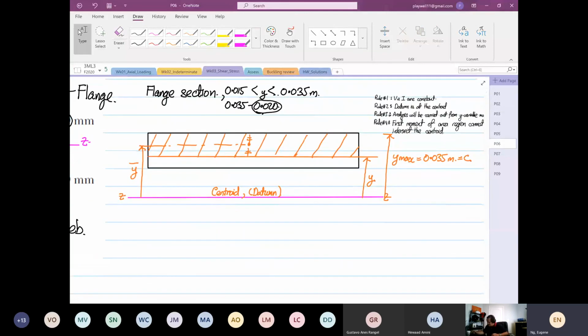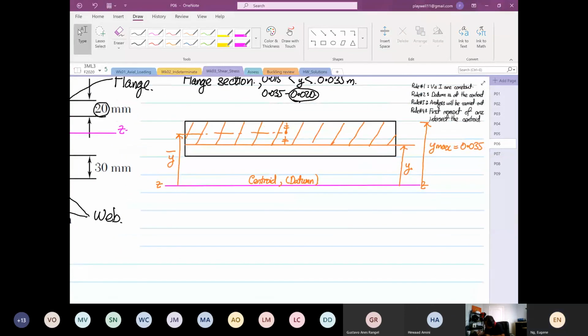So from here, we're going to calculate our QZ. Why QZ? Because our first moment of area will be taken about the z-axis, where the datum, the centroid, is. So the first moment of area about the z-axis, and we're going to focus on the flange, is equal to A y bar.